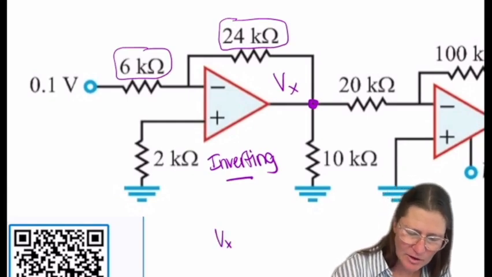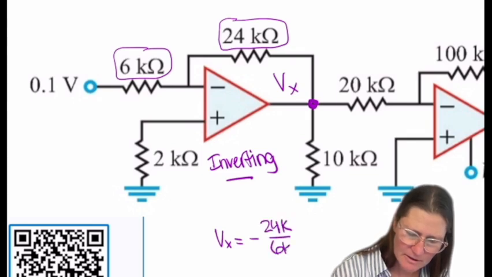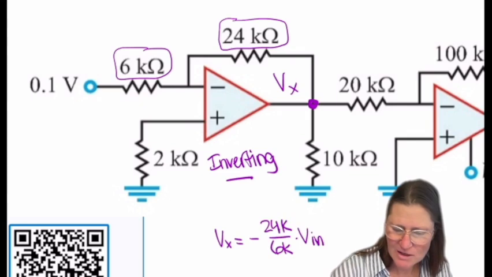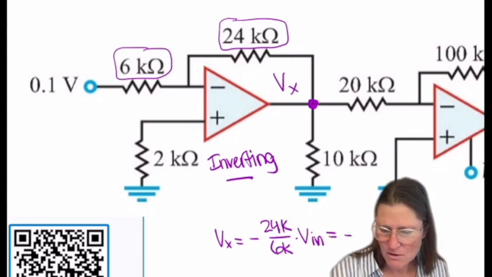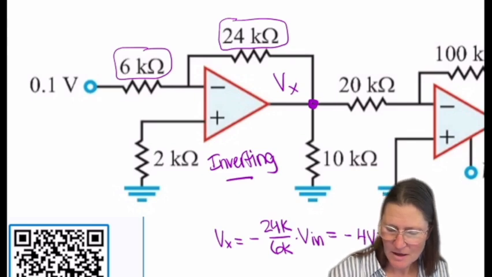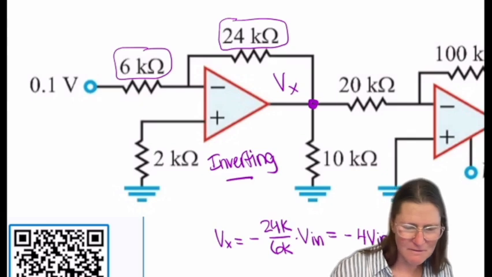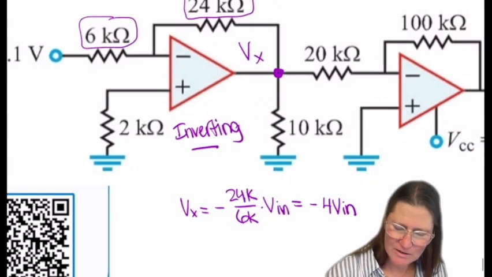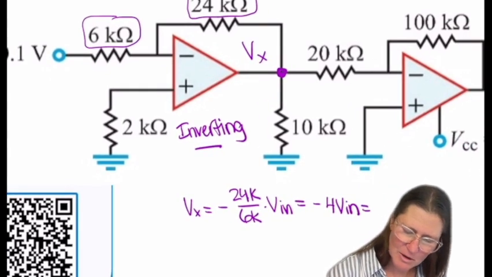So Vx is going to be negative 24 over 6 times Vn, so that's negative 4 Vn. Is that correct? And then Vn is 0.1, so negative 0.4 volts.